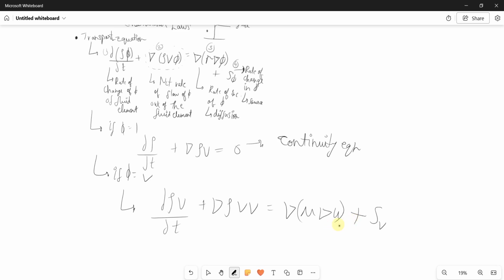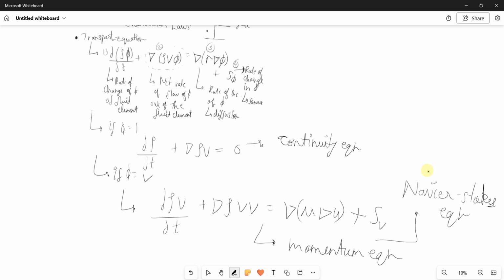So this is what you call your momentum equation. When you put it in the transport equation, it is generally what you call the generalized Navier-Stokes equation. These two equations are the most important equations for CFD.